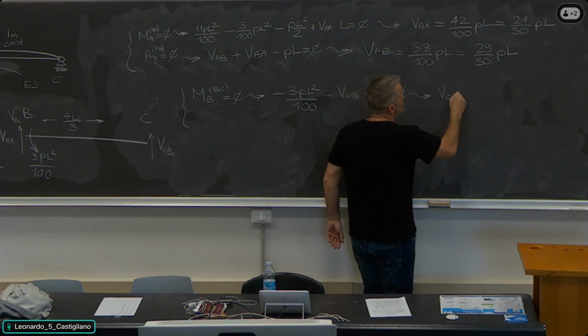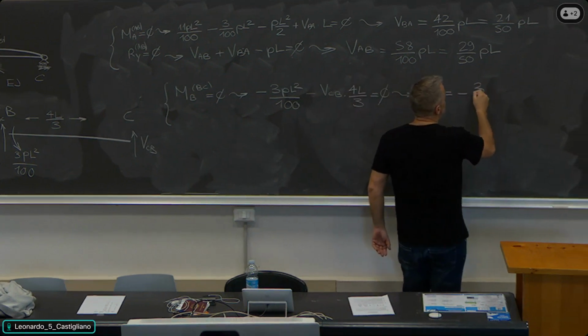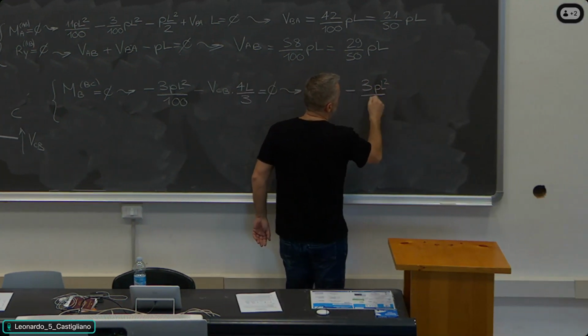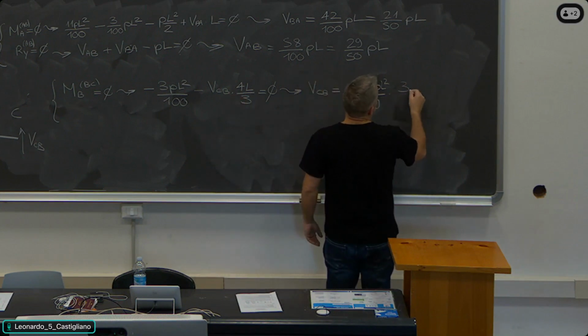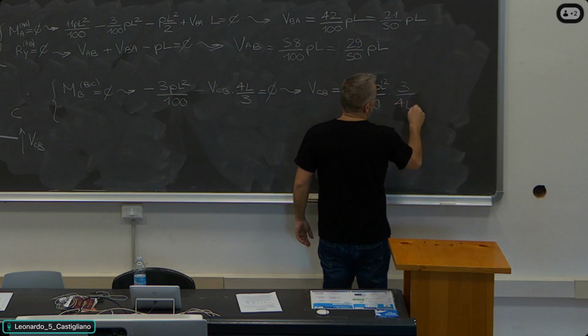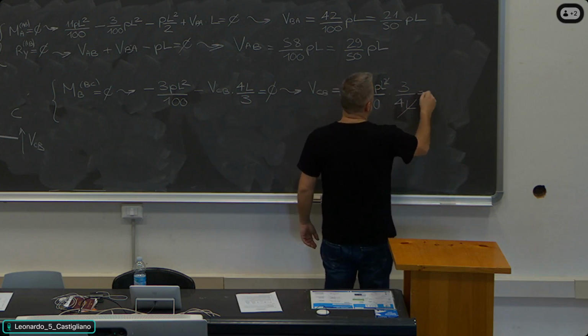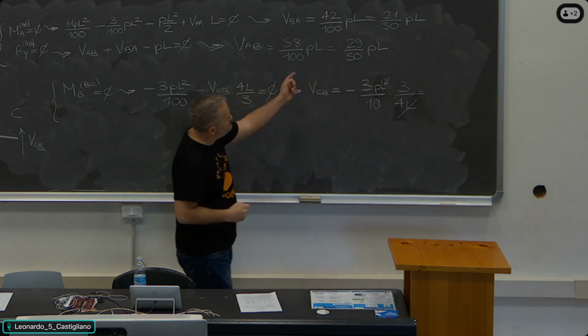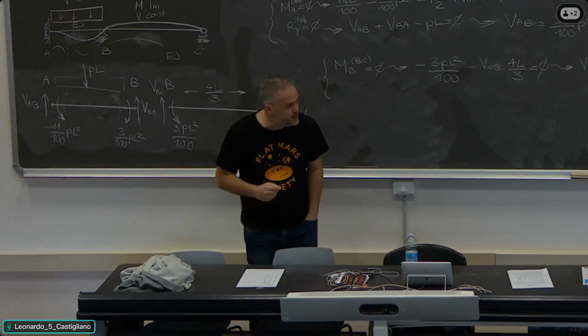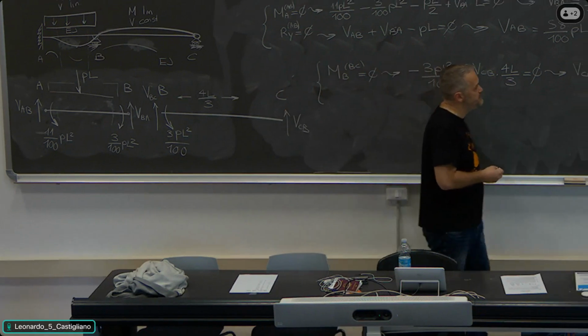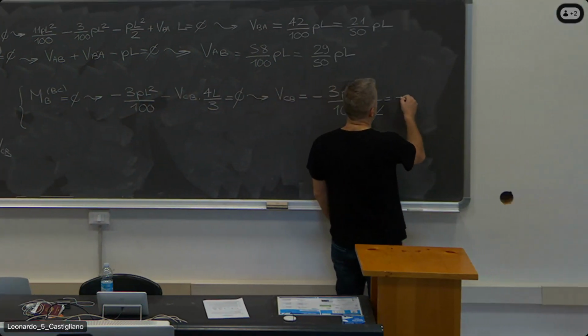So VCB is equal to minus 3PL squared divided by 100 times 3 over 4L. L cancels out. So I have minus 6 divided by 40. What is minus 6 divided by 40? It's minus 3 divided by 20. Correct?